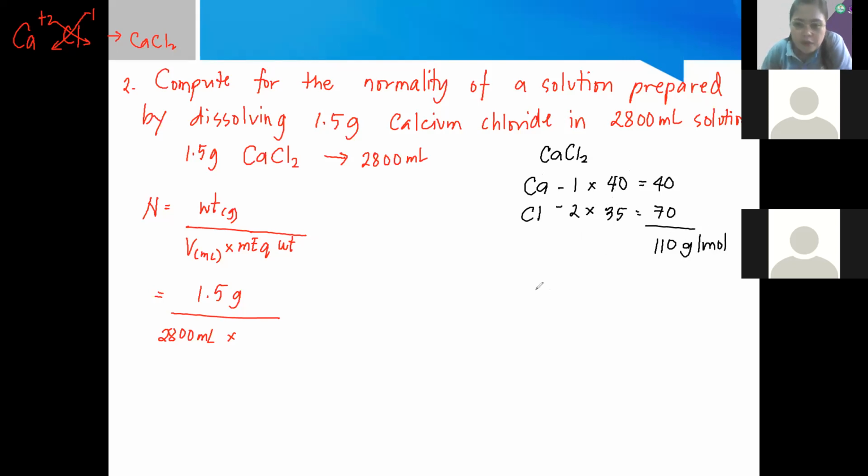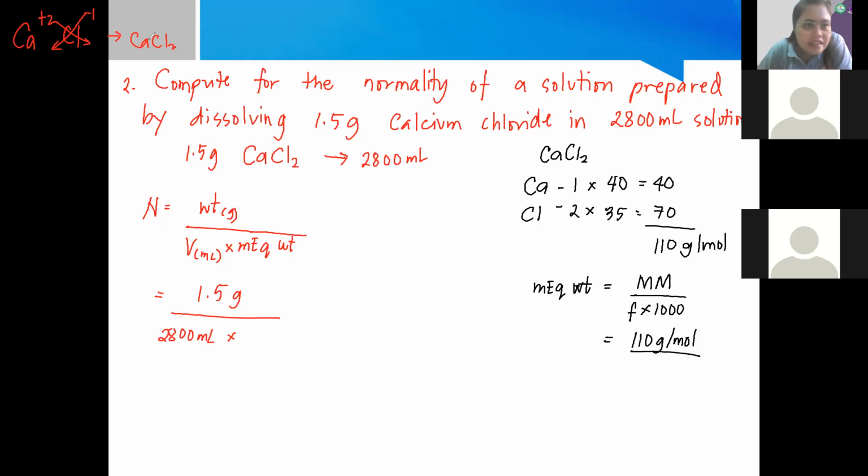Now, if we have the molar mass, we can compute for the MEQ weight. So this is molar mass divided by F times 1,000. The molar mass is 110 grams per mole.